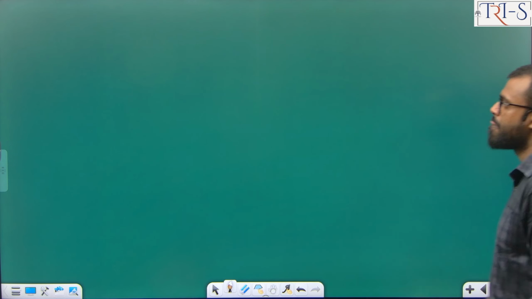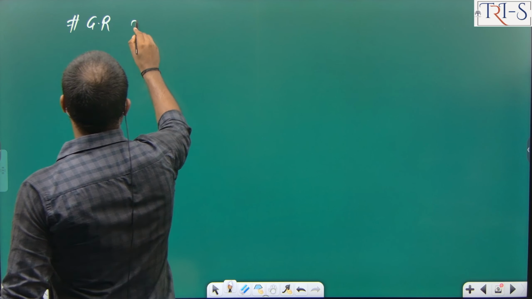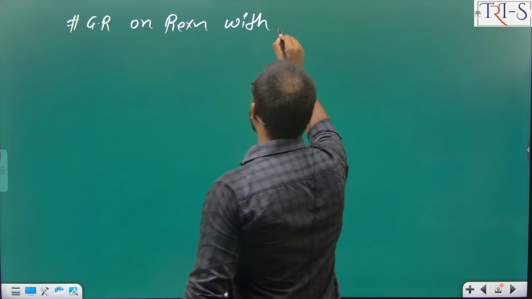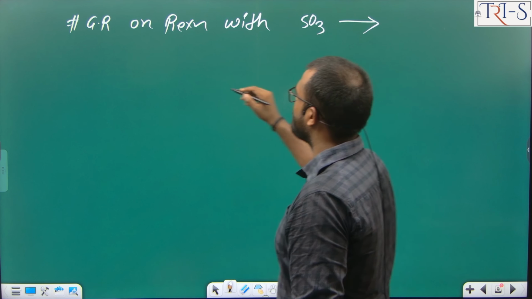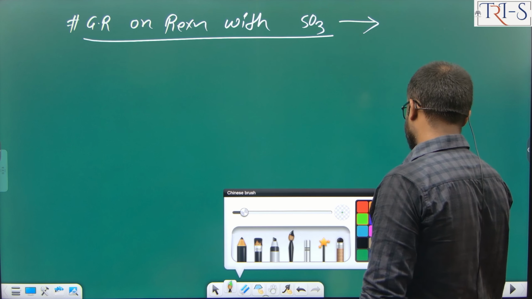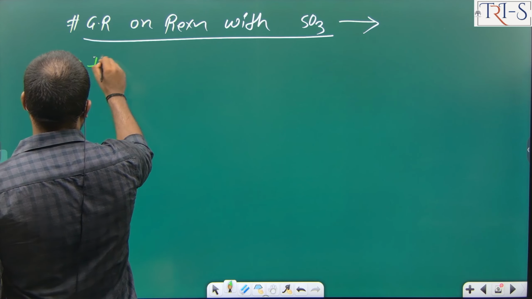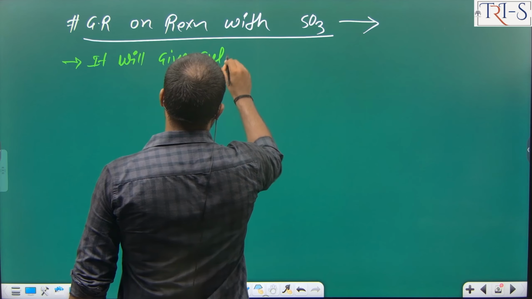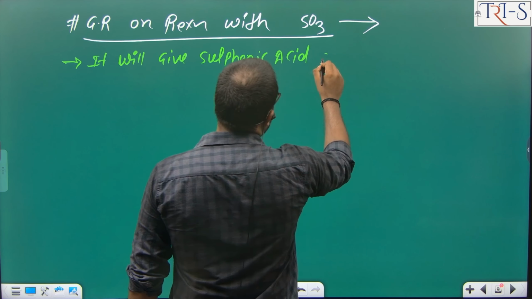Grignard reagent on reaction with SO3 will give sulfonic acid as a product.